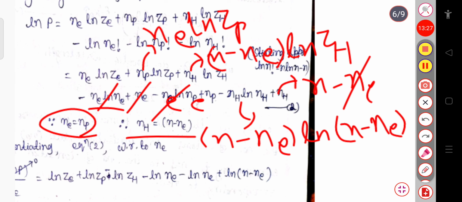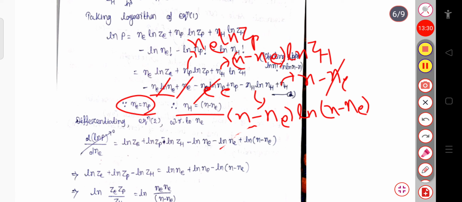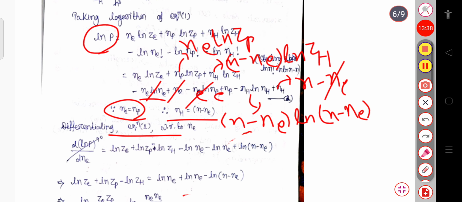Now differentiating this equation with respect to Ne, this is the probability. So d by dNe of ln N goes to 0. Again, this is your Ne ln Zd, so taking the derivative, that will be ln Zd, and dNe by dNe is 1.